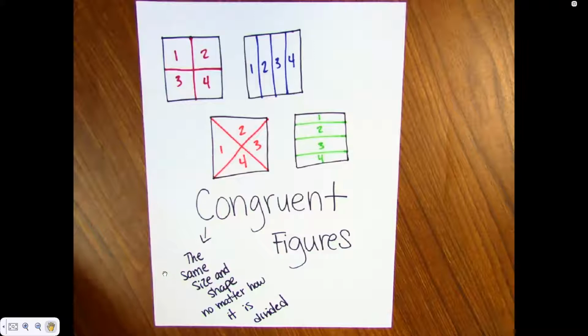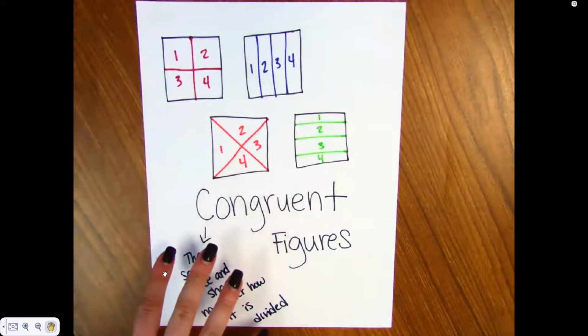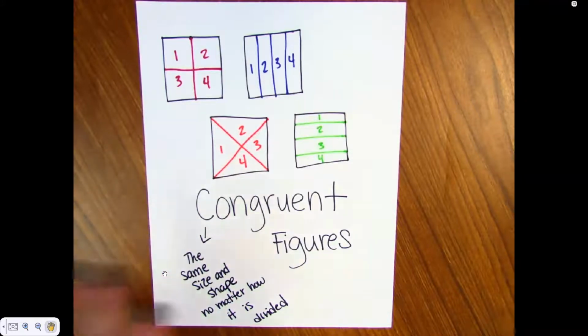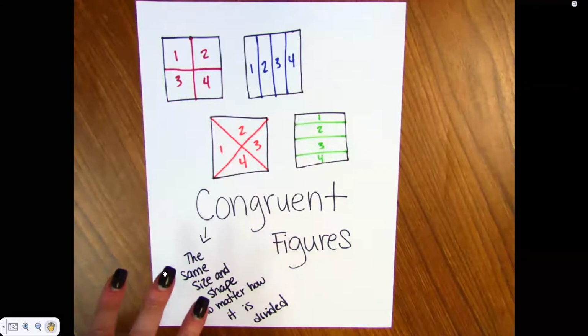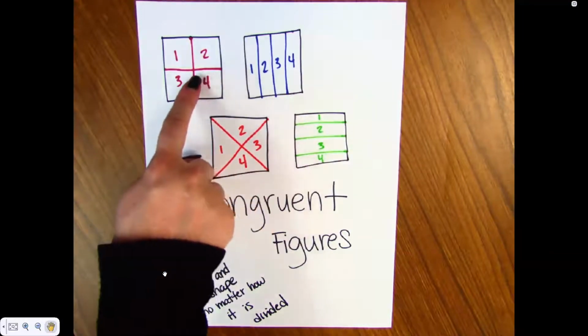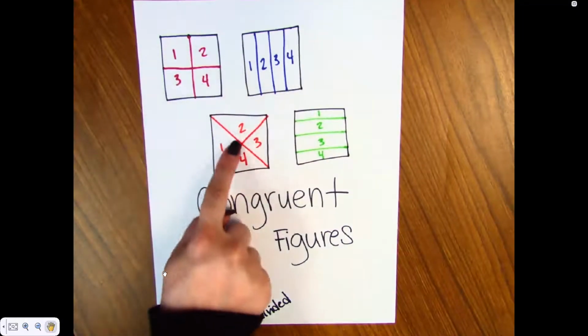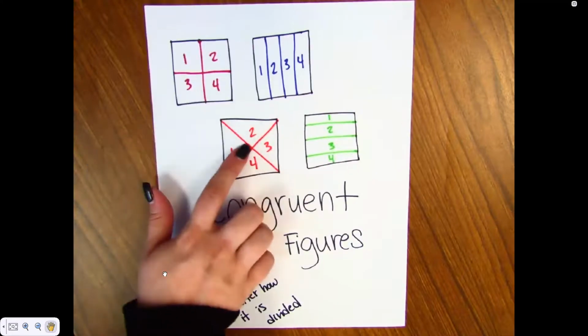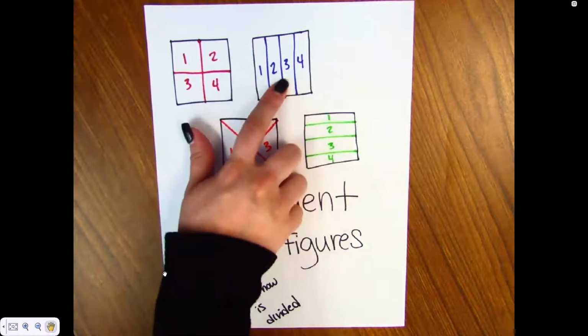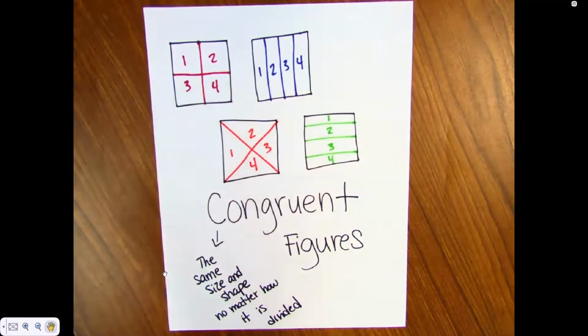Y'all are probably wondering what this has to do with area, because we've been learning about area. If we were to take the area of all of these, they would all be the same, even though we divided them into these different parts, right? So that's what it has to do with area.